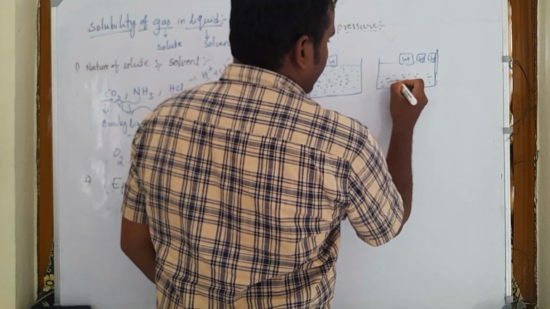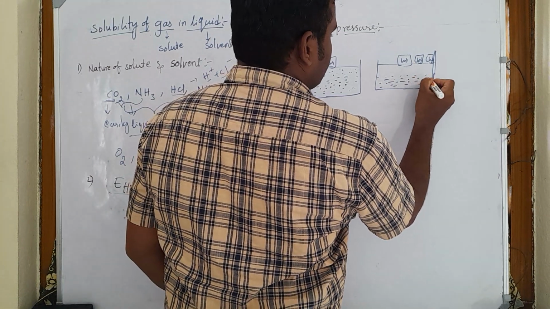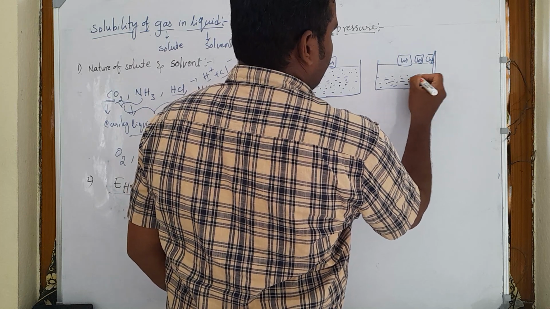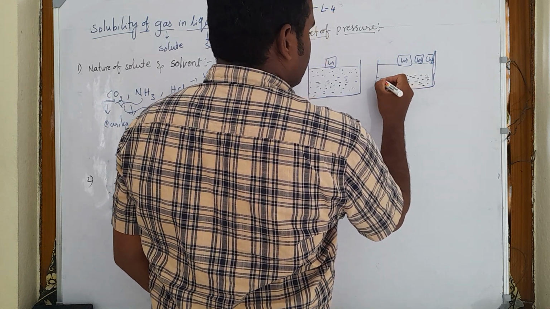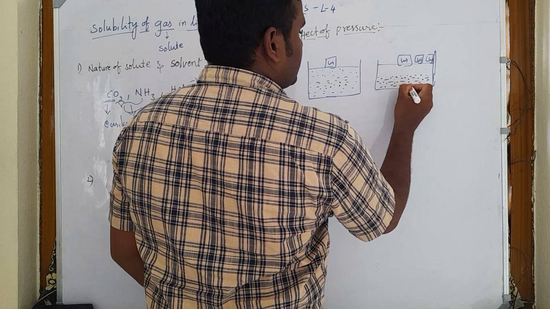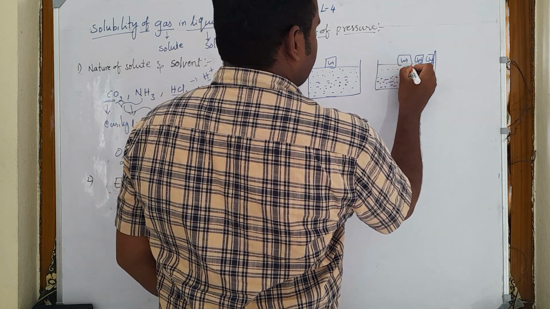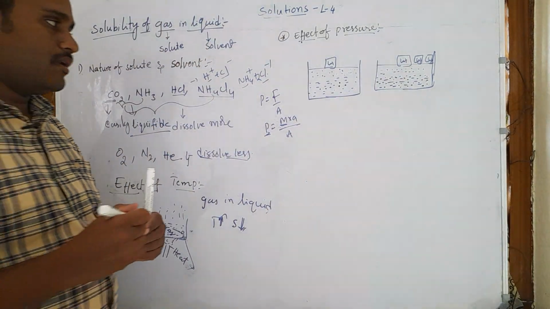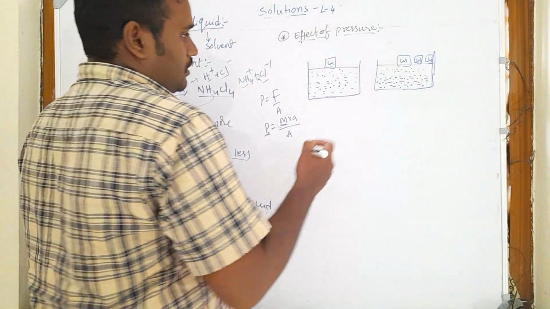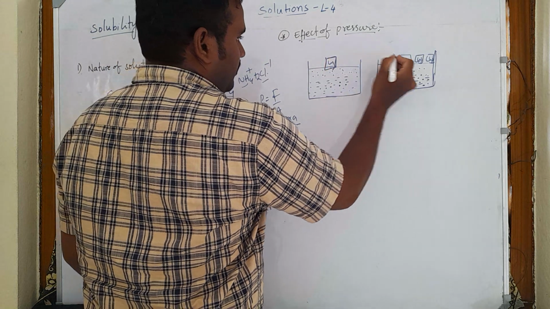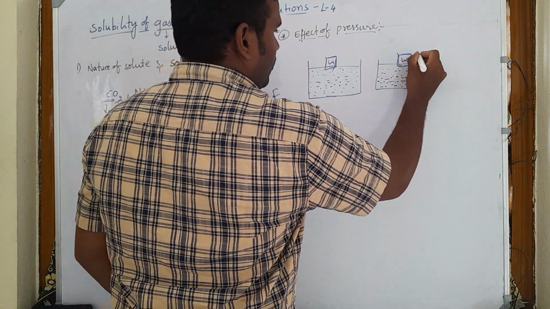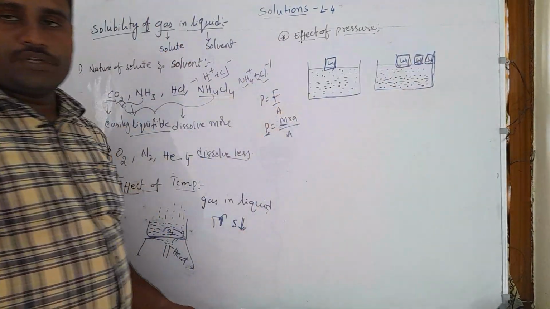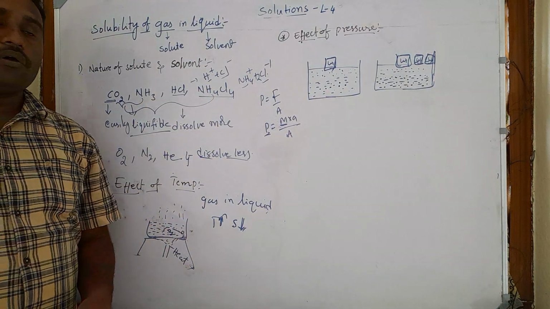Let us consider these black dots as the gas molecules. As pressure increases, the number of gas molecules also increases. If you put more weight, we are applying more pressure. So as pressure increases, solubility also increases.